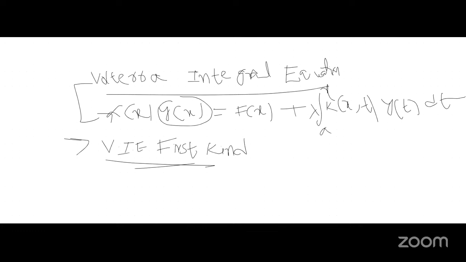So when alpha equals 0, it becomes f of x equal to lambda into the integral from a to x of k of x comma t and y of t dt.